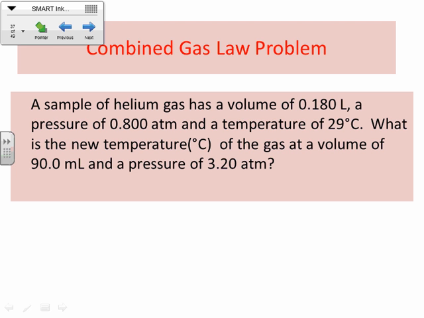So P1V1 over T1 equals P2V2 over T2. That's the combined gas law. So again, what I strongly recommend on these problems, and I think I did this on the homework, it may have gotten a little bit messy as you were looking at the answer key, but I tried to label all of my variables as I was looking at the problems.